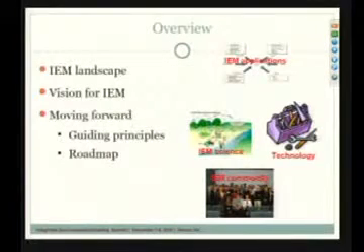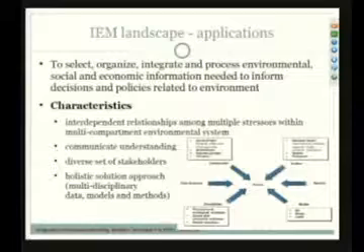And I'm going to address those different aspects first from, okay, what are their characteristics, what are their challenges, and how can we move forward to making it better. The applications, integrated environmental modeling applications, are there to actually help us in organizing all the information needed to make decisions.